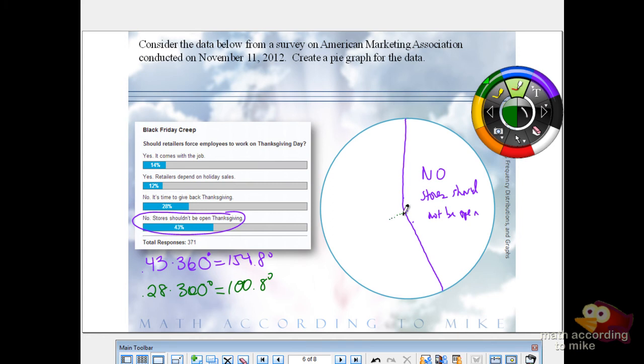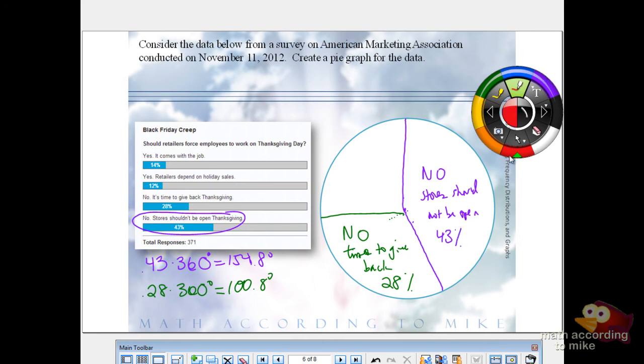So a little bit more than 90 would be the 100. So about right there is good. So this would represent no time to give back. And one thing I forgot to do earlier, it's also a good idea to put the actual percentage in there so the viewer knows exactly what that slice of the pie represents.